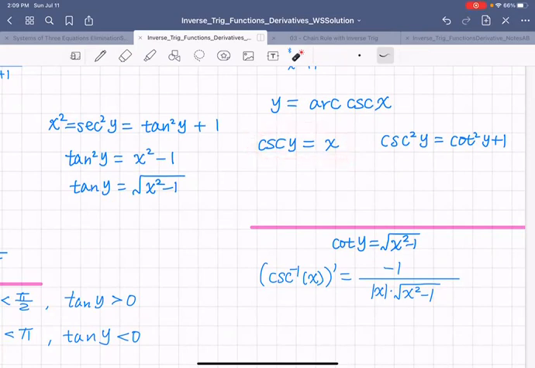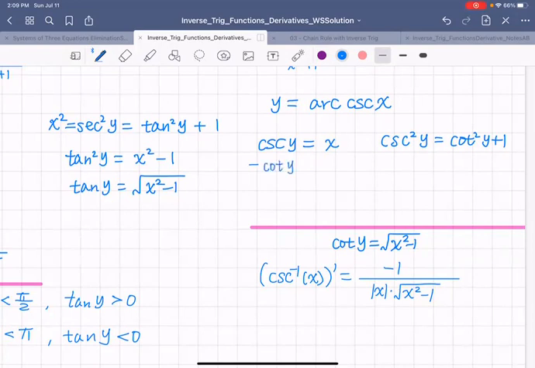Okay, you once again, I think, take the derivative of both sides. So this is negative what? For this one, it's negative, I think, cotangent y times cosecant y?